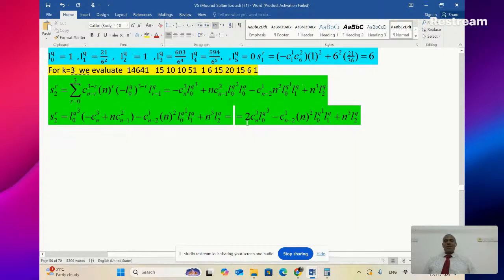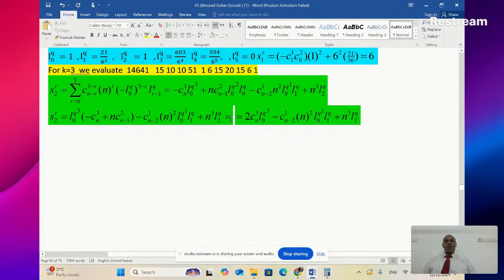You will just focus on the last one. After simplifying this, you will get combination 2 choose 1, which is 2, times combination n choose 2 times L0 of the q cubed. Why? Because here we have L0 of the q cubed, and this one L0 of the q squared times L0 of the q raised to the power 1. Same base, different powers, means I will add the indices, it will be 3, so this is the common factor.